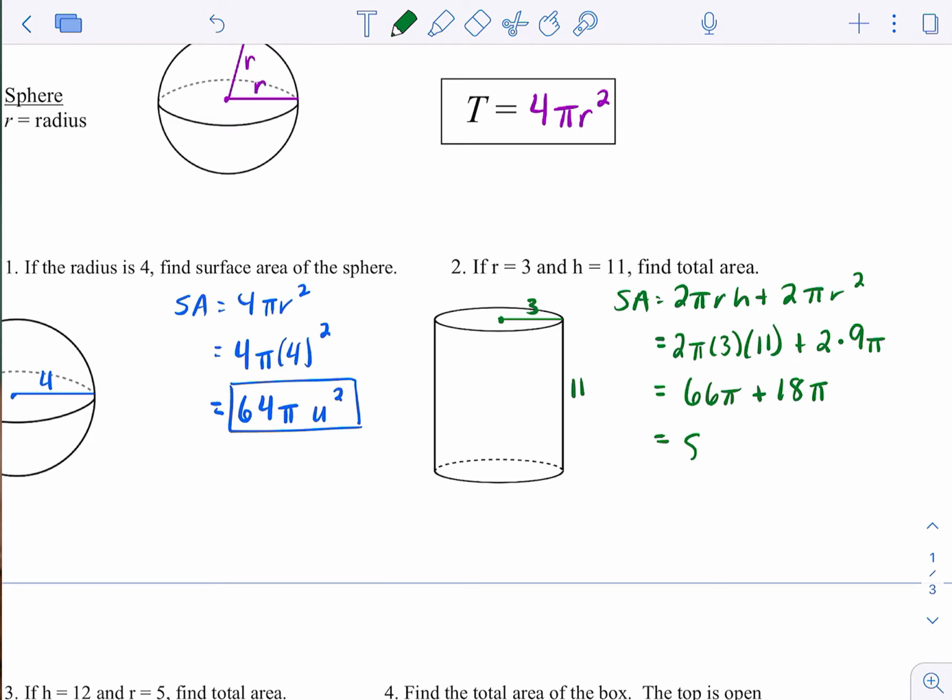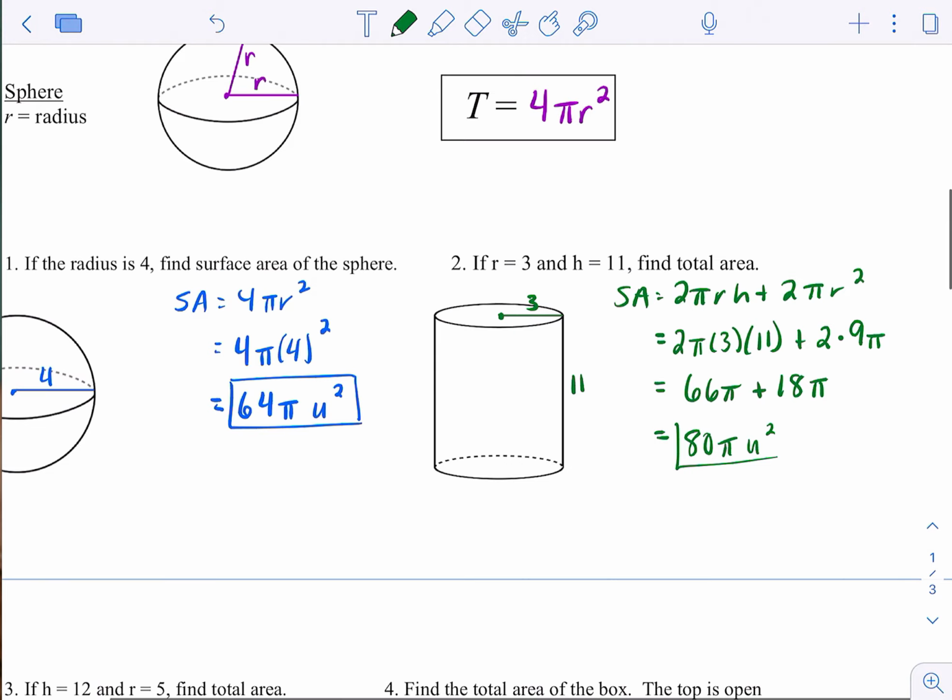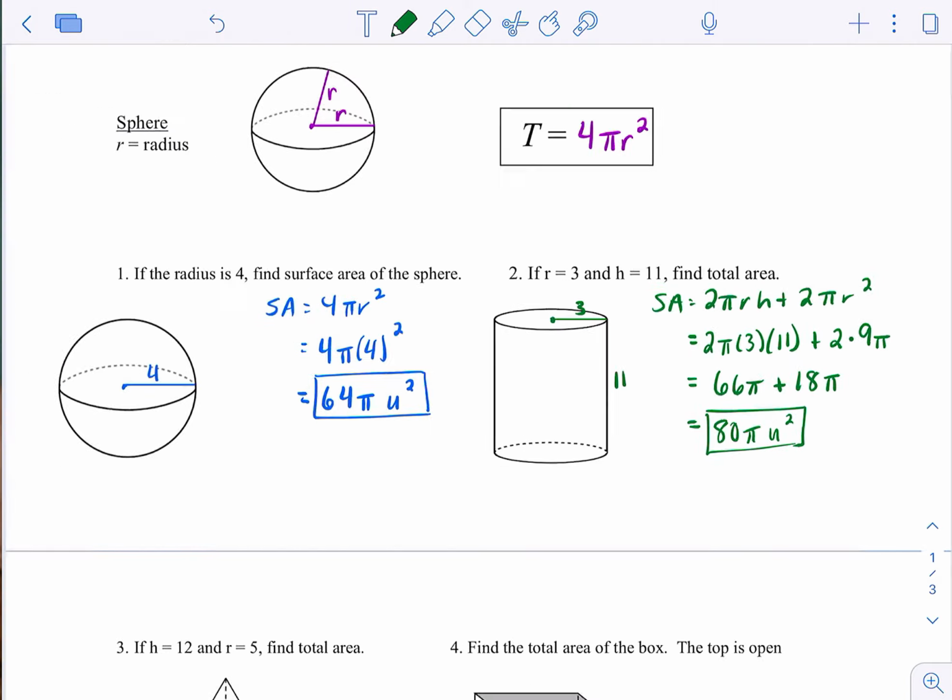Go ahead and add those together, and we get 84 pi square units. So what you'll find with circular solids, we're about to see one where we'll have to do a couple calculations, but for the most part, you will be given the measurements that you need and you won't have to do as many right triangle calculations to figure these out.